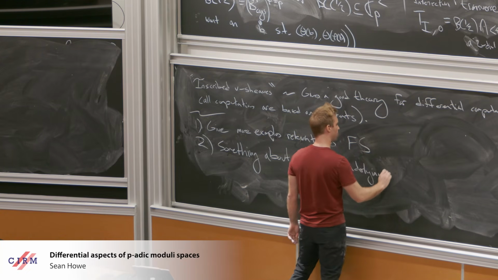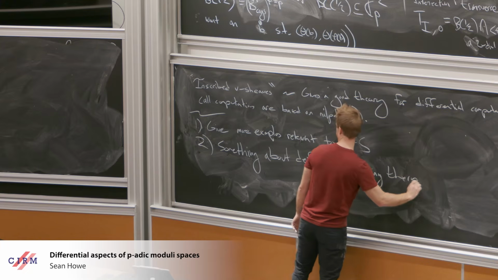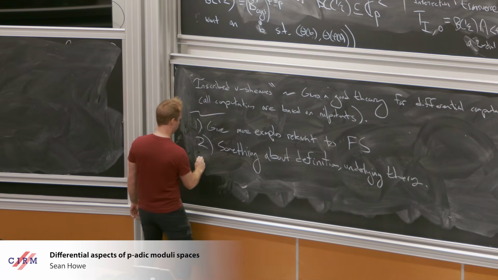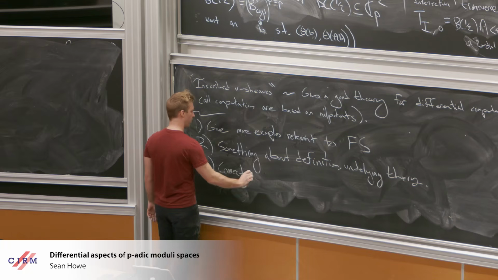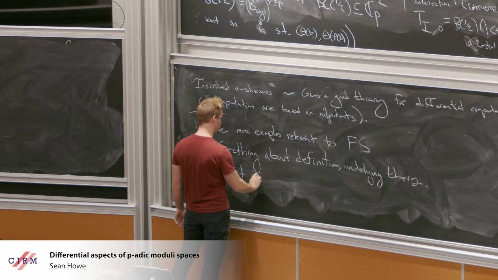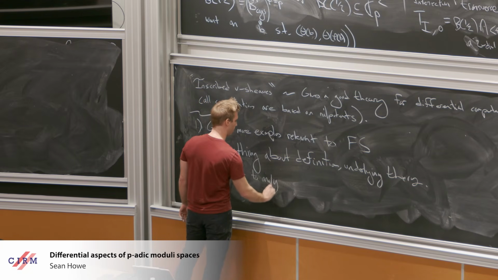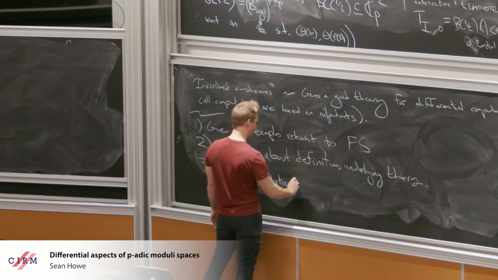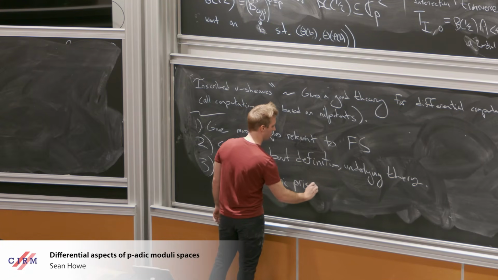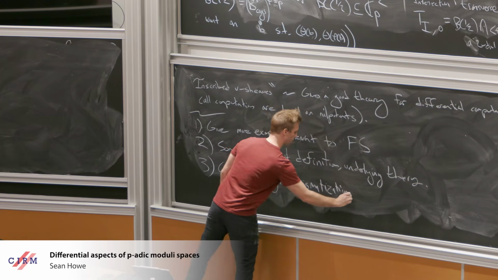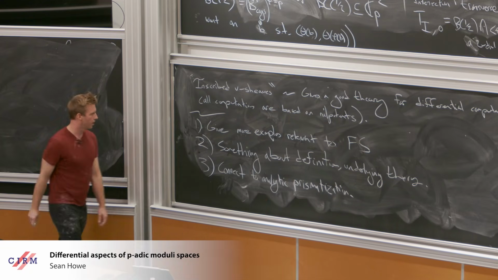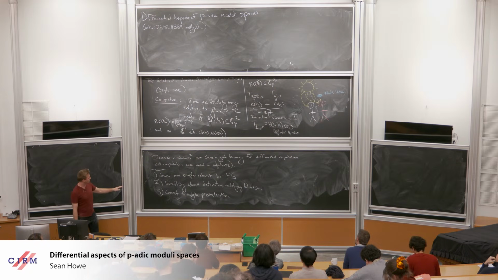And lastly, I want to connect this to analytic prismatization and explain how it fits in with some of the things that have already been discussed to some degree or another this week. So that's where I'm going.